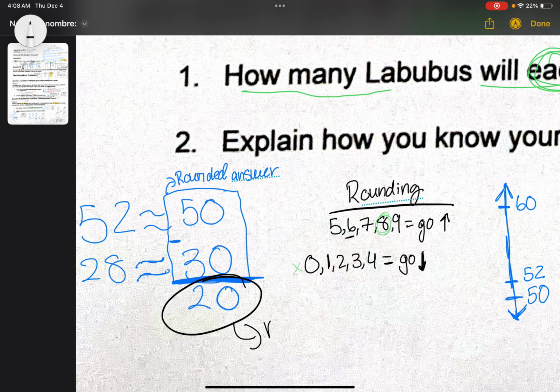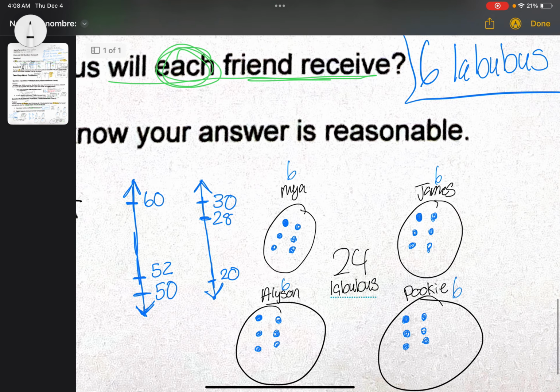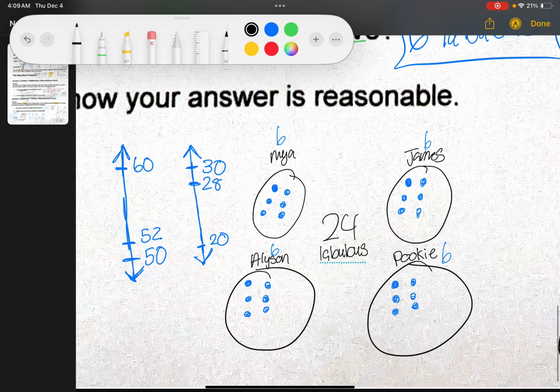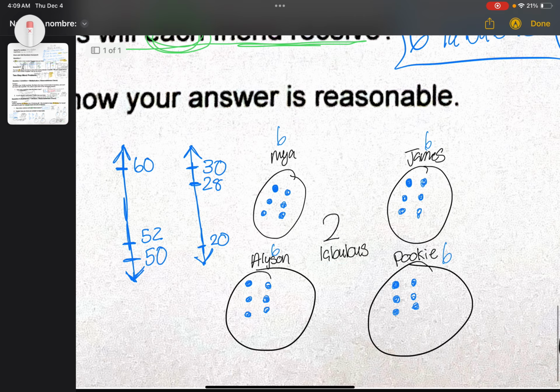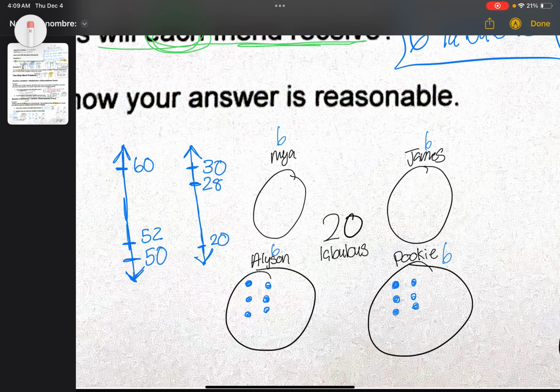This is our rounded answer of labubus. So we don't have 24 labubus anymore. We have 20 labubus.